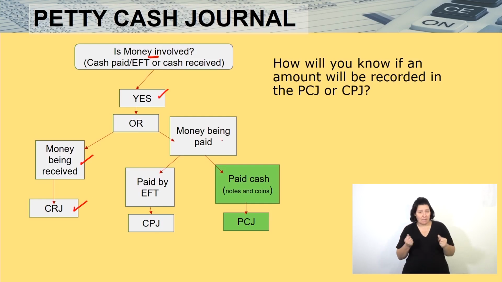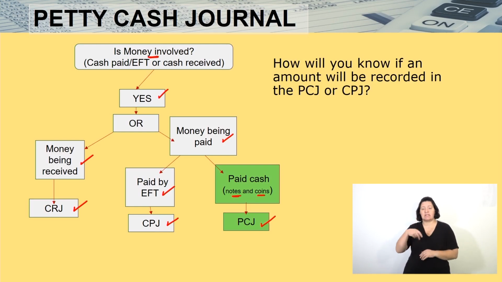But if the money is being paid by EFT, it will go to the CPJ. But if it is being paid in cash, that is notes and coins, it now comes to the petty cash journal. So not all money being paid goes to the petty cash journal. You have to be able to tell.